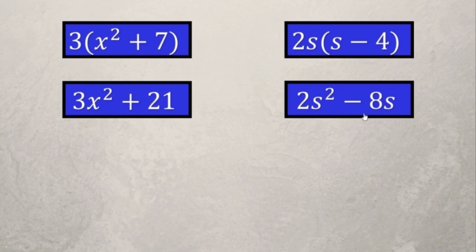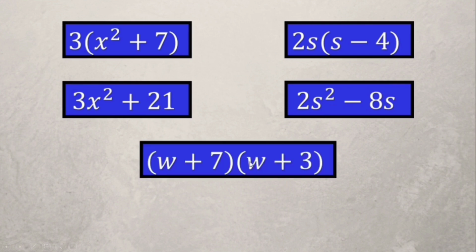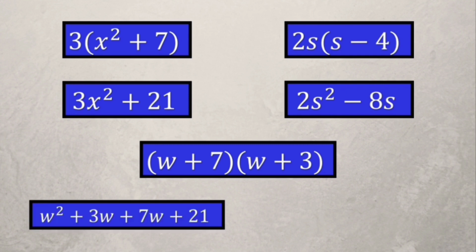Let's have the third expression. The third expression is w plus 7 multiplied by w plus 3. In this expression, what we are going to use is the FOIL method. To simplify, we will have w squared plus 3w plus 7w plus 21. How come? By multiplying the first terms of the two binomials, we will have w times w, which is w squared.